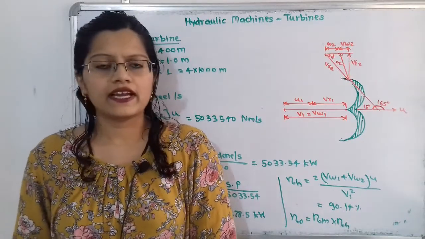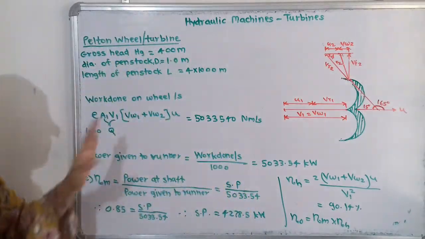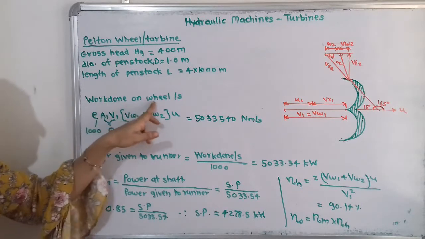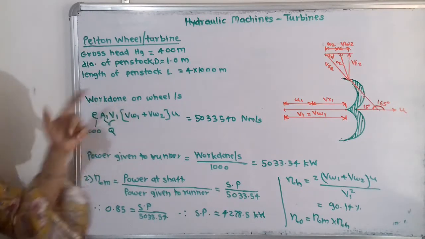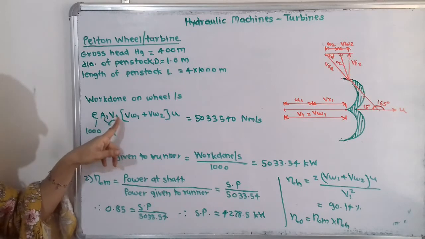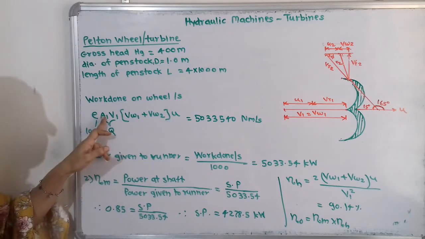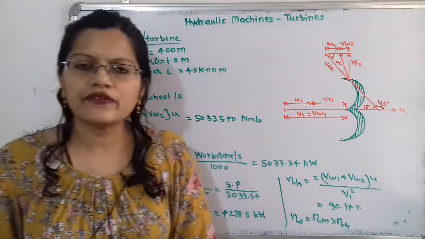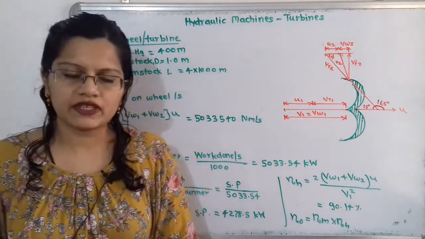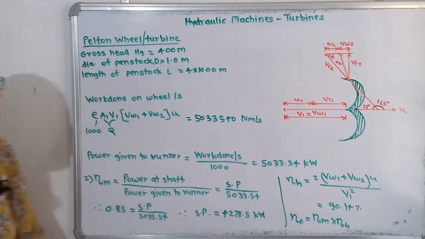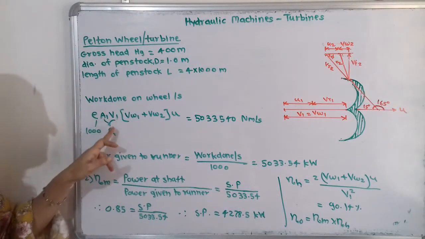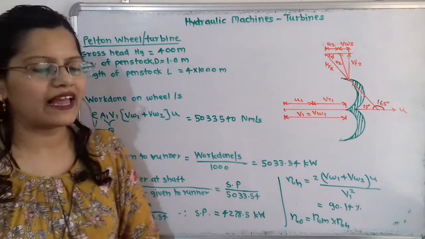Now we will take a glance through the calculations. What is the first calculation? That is the work done on the wheel per second. We have the formula rho A1 V1 (Vw1 plus Vw2) into U. V1 is the velocity of the jet and A1 is the area of the jet, which we have already calculated. So A1 V1, that is the discharge Q, we have calculated earlier.